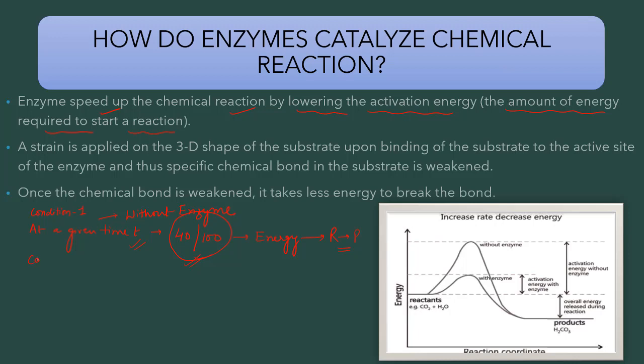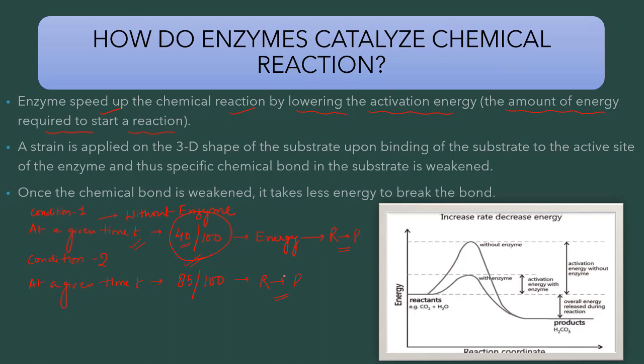Now, condition 2: at a given time t, in the presence of enzyme, this fraction of unreacted molecules also converts itself into the reacted part. That is, now the efficiency of the reaction becomes 85% into product.